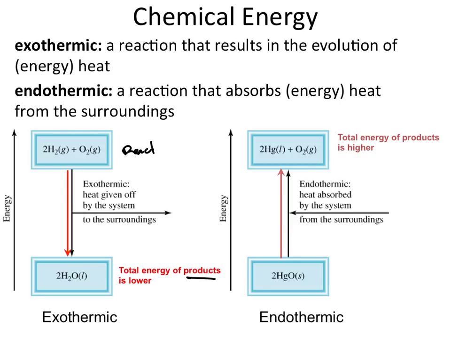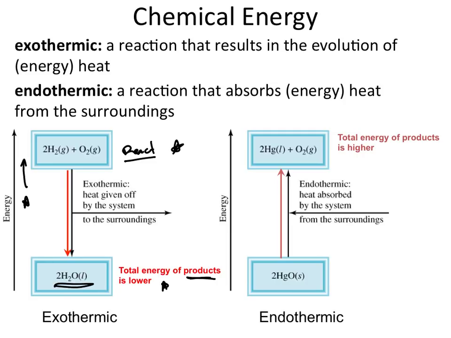Now if we look at the energy associated with the exothermic process, notice that the energy scale here is increasing from top to bottom. What you notice is that our reactants start out at a higher energy position relative to our products. So when we convert from reactants to products, we are producing something that has lower energy.